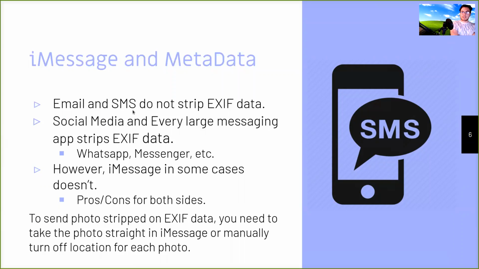If you want to send an email, you don't really want any of the data to be removed. And SMS is just a basic, not very secure platform to send text and photos. But as for social media and every other messaging platform, WhatsApp Messenger or Facebook Messenger and all those, or even Instagram, Twitter, all those, when you upload images, this EXIF data is stripped.